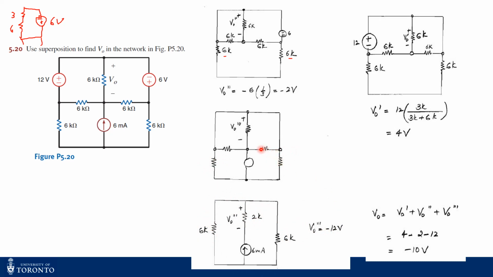So now since you have the equivalent resistance, which is 2 kilo ohm, you can find out the V naught contribution by multiplying the 2 kilo ohms by the 6 milliampere current. And since the current is entering the negative terminal, the voltage is negative 12 also. So you can find out the contribution of this current source in two different ways. Finally, you sum up the contribution of all the three sources, which is shown here, and you end up getting minus 10 volt.